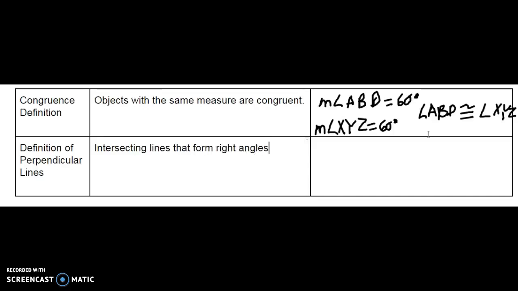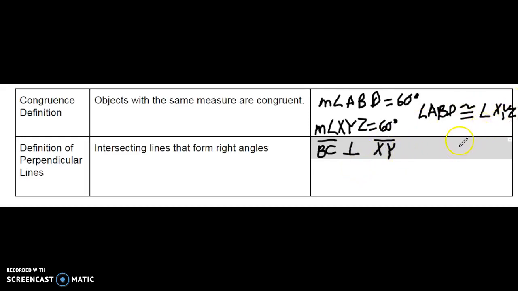Okay, so that's just in case you're given something like, for instance, if I'm told that BC is perpendicular to, say, XY, I know that the angles formed are 90 degrees.